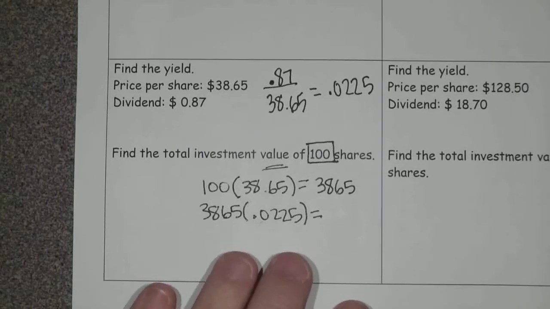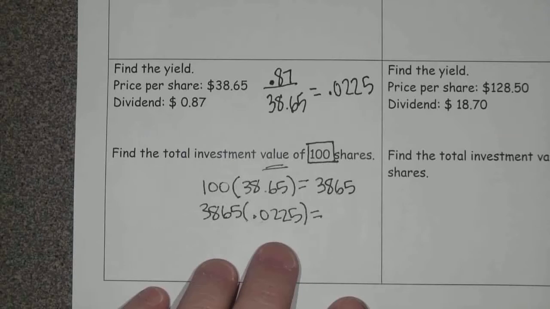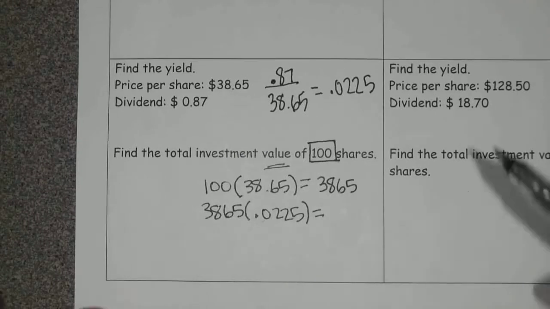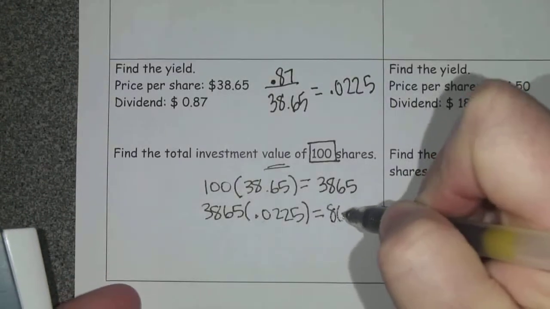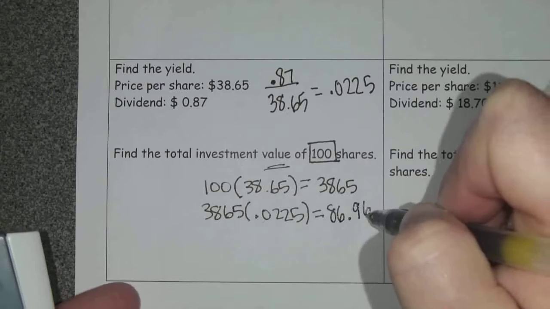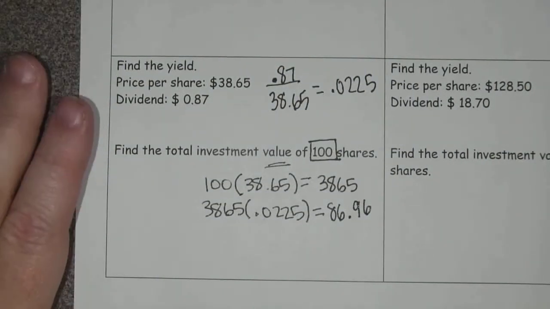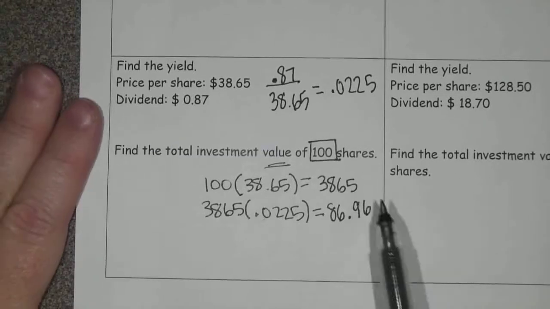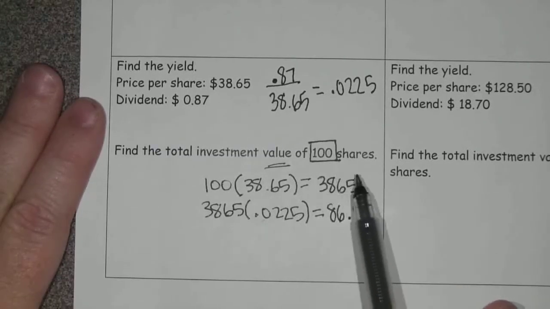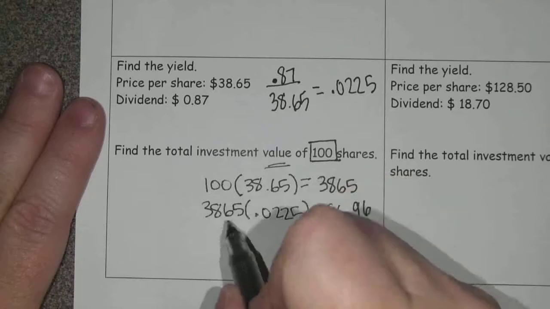So what did you get on how much you earned? $86.9625. Yep. So I'm going to go to dollars and cents on that, so I'm going to go to 96 if that's okay. That works for everybody. Then to find the total, don't I just add these two together? Because that was what they were worth plus what I earned.